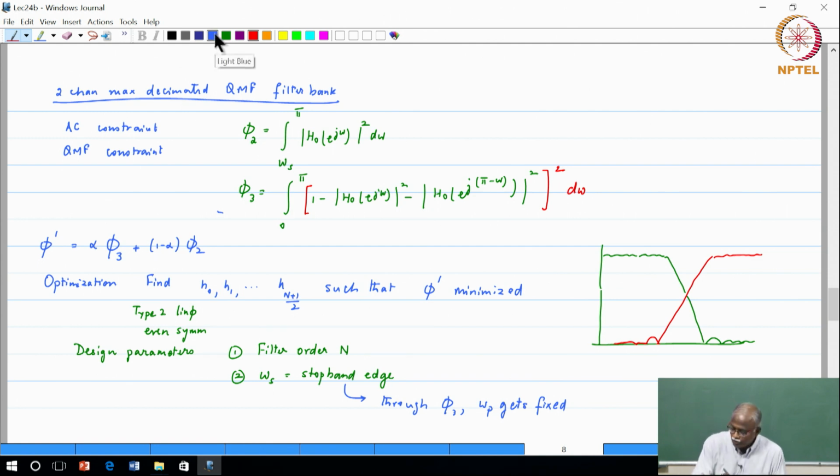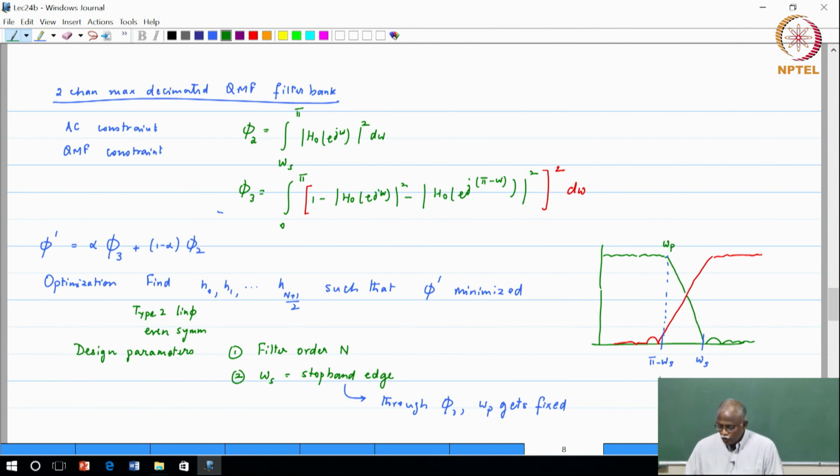So, let us mark off what has been specified. This is omega s. Okay. So, what is this? That will be pi minus omega s. Notice that because of the flatness constraint, these two will have to align, right, because if that is the point at which the stop band of the red filter is starting, that should align with the pass band edge of the green filter, that is omega p for the green filter.